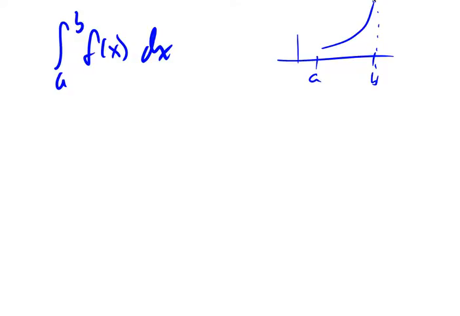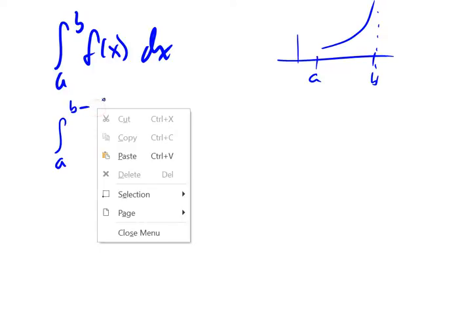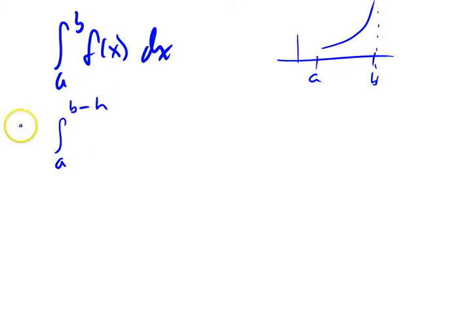Okay. So the definition that we give is that we're going to look at the integral from a to b minus some little bit. Let's say b minus h, of f of x dx.